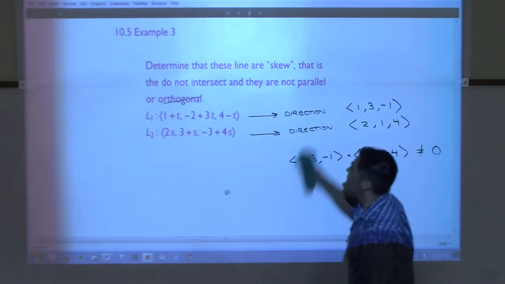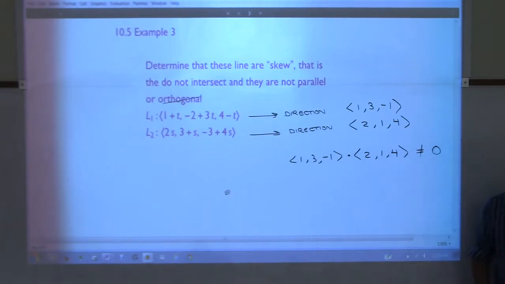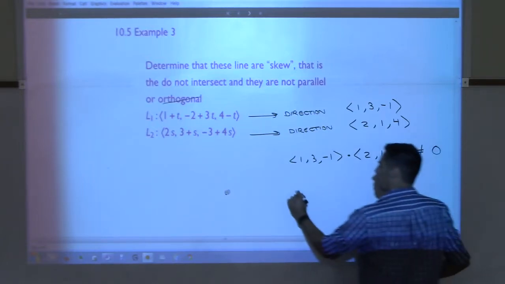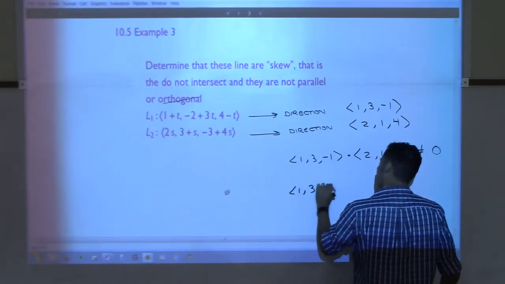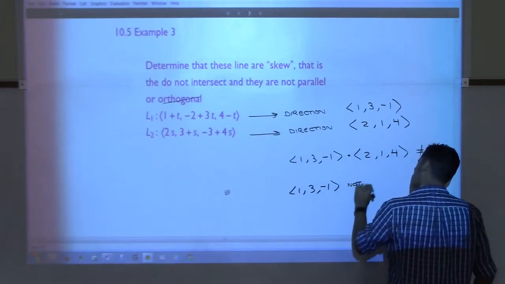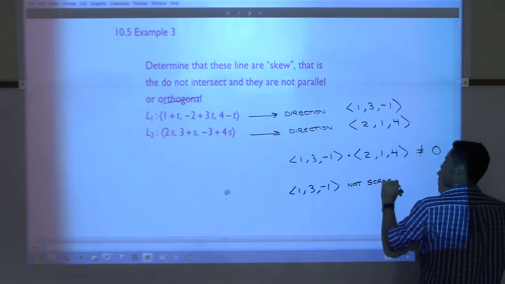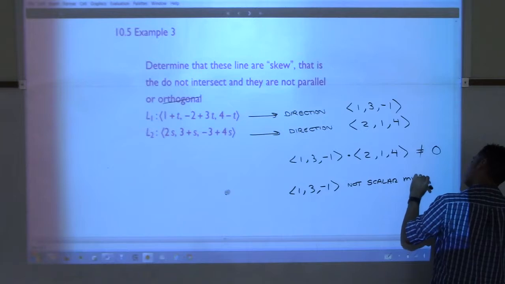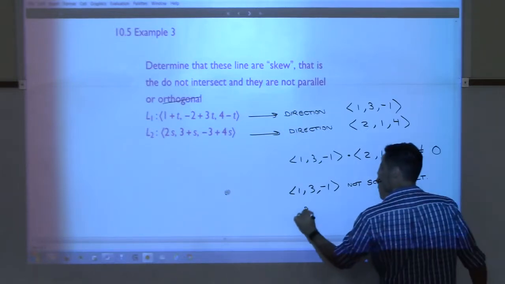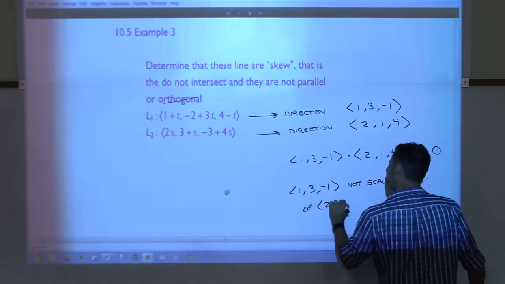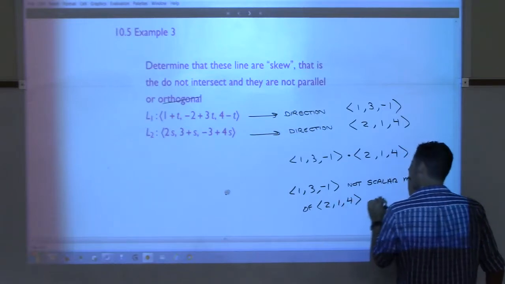Now, are they parallel? We could cross product and check for 0, but do you remember me saying I don't like doing that because it's harder? They have to be scalar multiples of one another. Are these scalar multiples? No. Notice 1, 3, negative 1 is not a scalar multiple of 2, 1, 4.